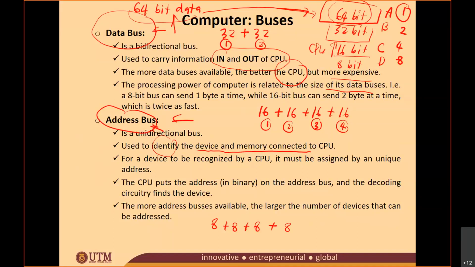Okay, so the more address bus available, the larger the number of devices can be addressed. Okay, so address bus ni, kalau kamu ada banyak address bus, maksudnya kamu boleh sambung banyak device kepada kamu punya CPU. Okay, so that is the meaning of address bus.